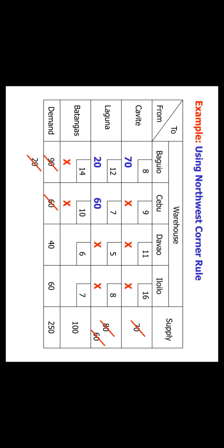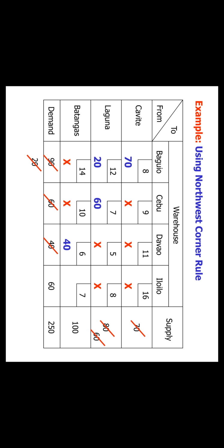Then, to continue, from the remaining cells in the body of our tableau, our northwest corner is now the one with the cost of 6. How many units can we now allocate to that cell? It would now be a choice between the supply of Batangas, which is at 100, and the demand of Davao, which is 40. So we choose the lower value, which is 40. That would enable us to meet the total demand of Davao.